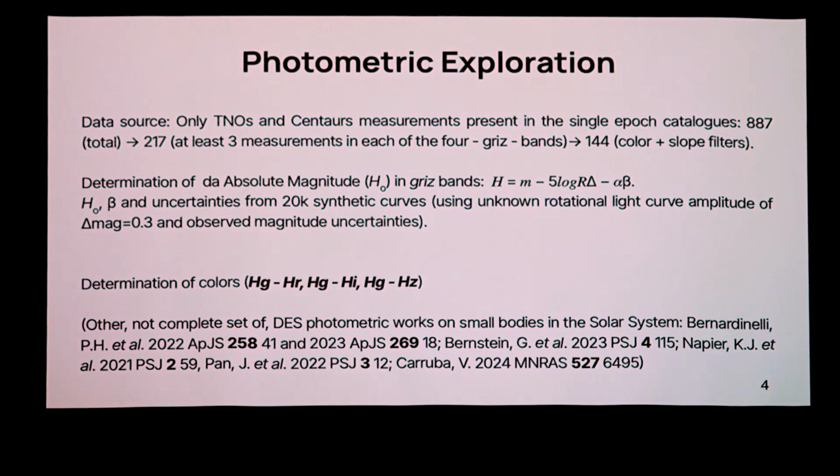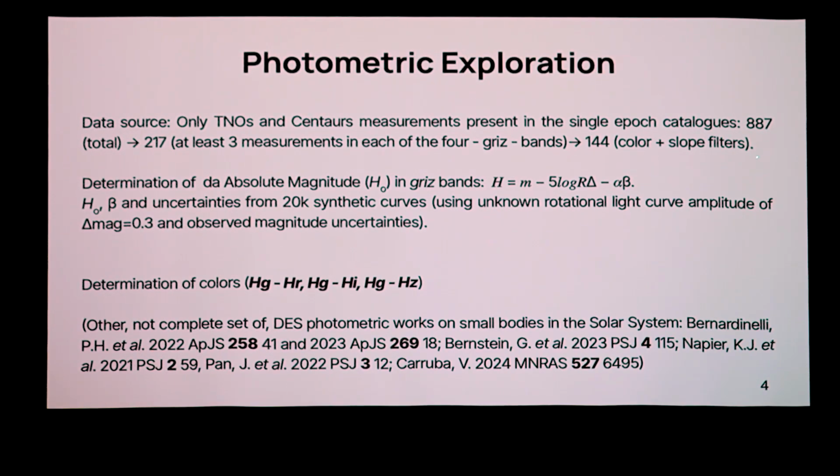We started from almost 900 TNOs and Centaurs pointed out to be possibly present in those images. A little bit more than 200 had at least 3 measurements in each of these 4 filters, and after some more filtering, we remain with a number of 144.